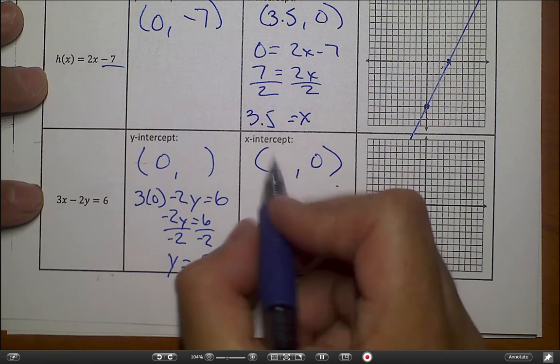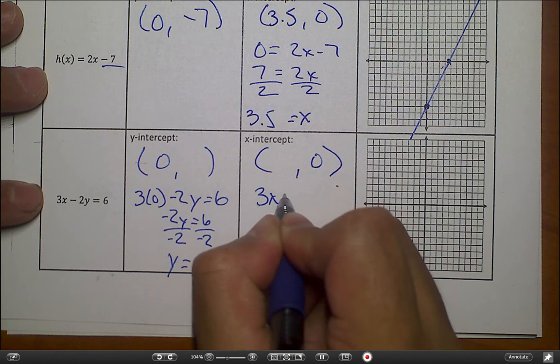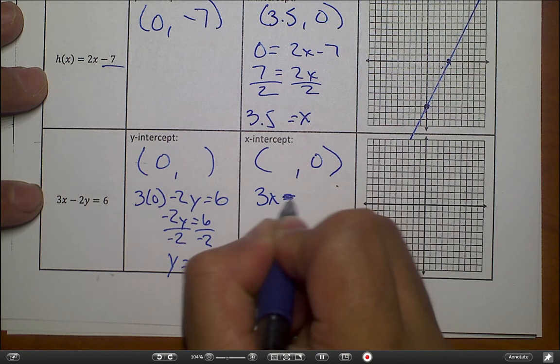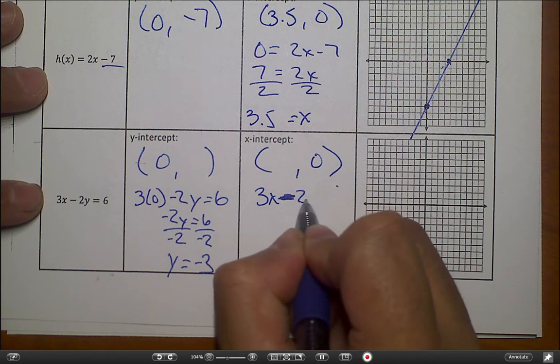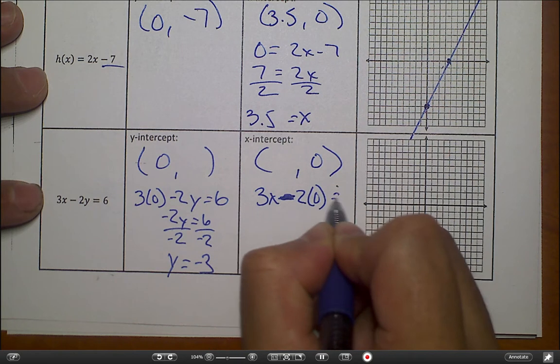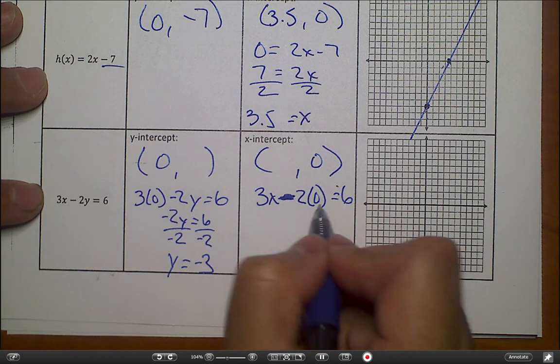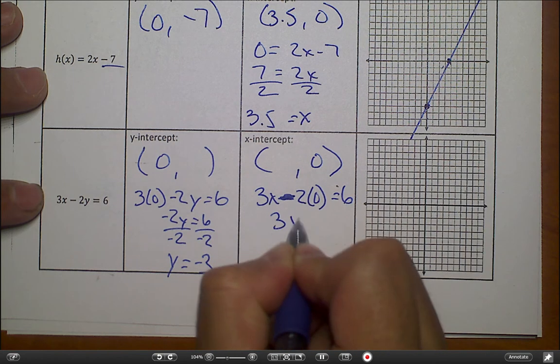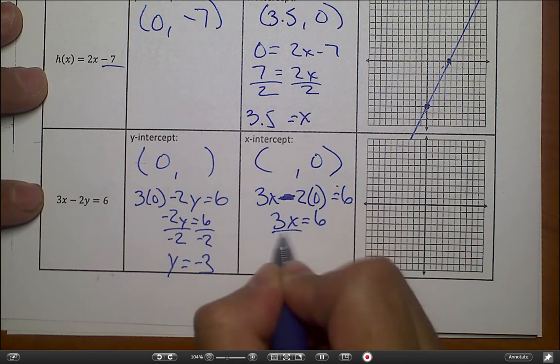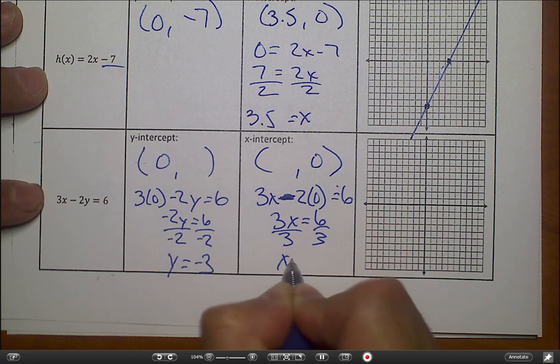This one over here, it's 3x minus 2 times 0 equals 6. So that goes away. So now it's 3x equals 6. Divided by 3. X is 2.